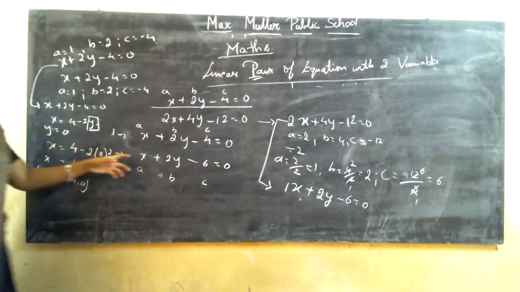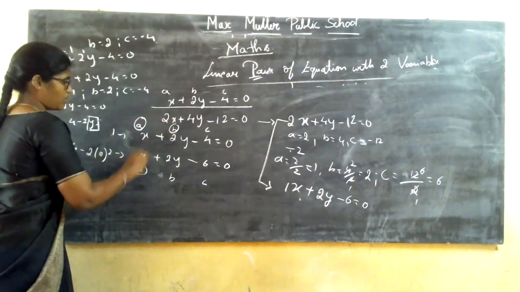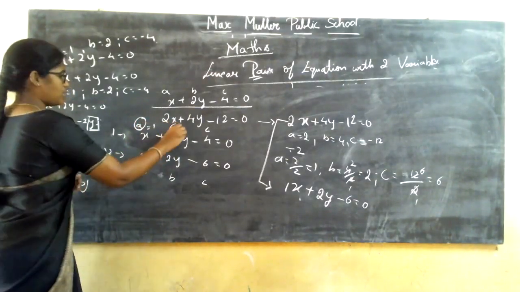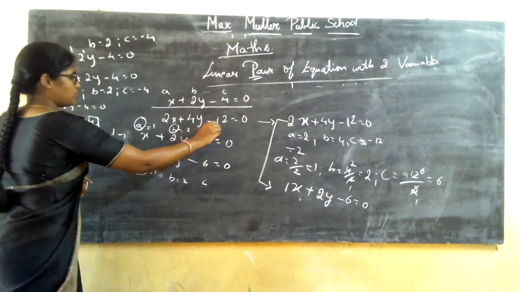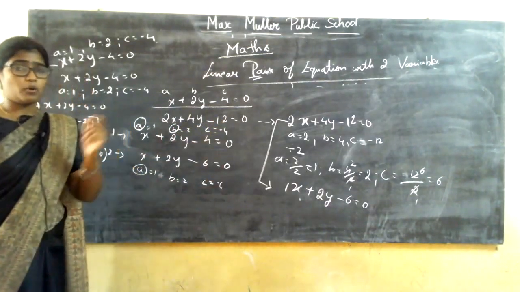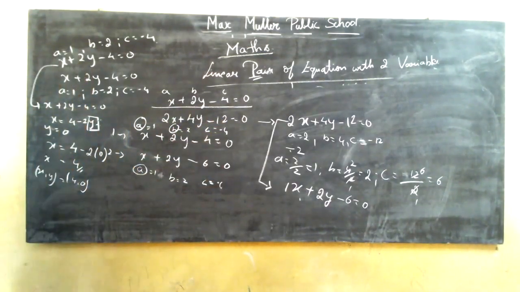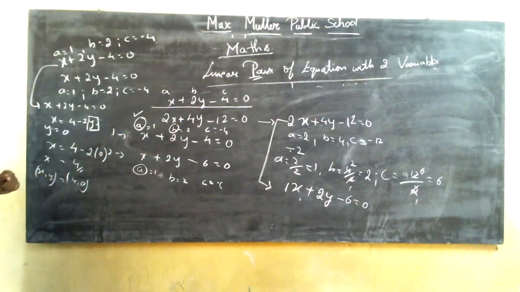And coming to the equation we have taken here, a value, b value is the same. Here a1 is 1, b is 2. Here also a1 is 1, b is 2. But c value is different. If any one alphanumerical coefficient is different, then you are going to say it as a parallel line.